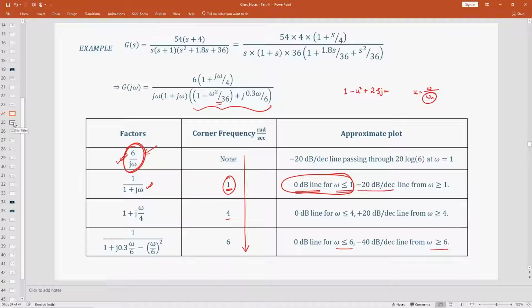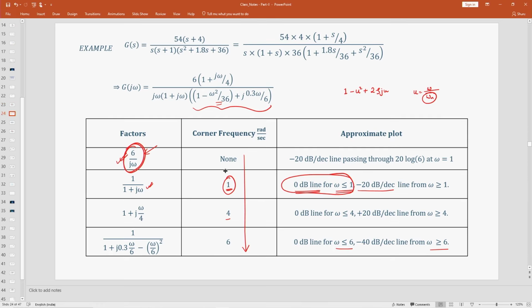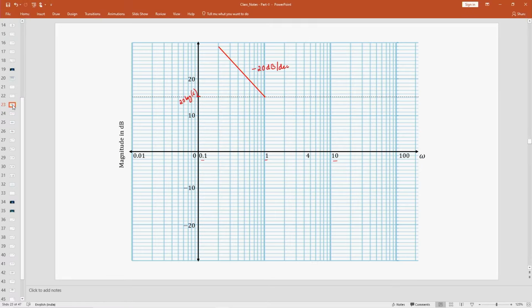Okay. So, let us go ahead and see. This will look like this, so at omega equal to, this will be up to this. So, this is a minus 20 dB per decade line. Now, since this was a minus 20 dB per decade line, at omega equal to 1 there is another minus 20 dB per decade being added.